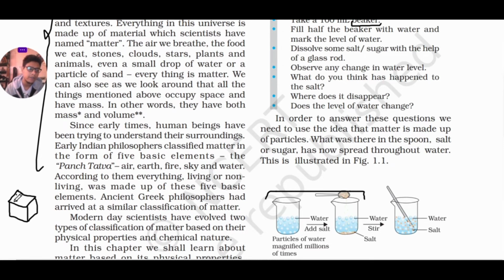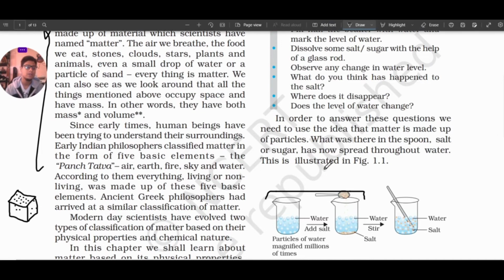If the cube is hollow, then I can fill a particular amount of water or some substance inside it. So who decides how much water it can contain? It is the volume, or the capacity, of the cube or vessel.